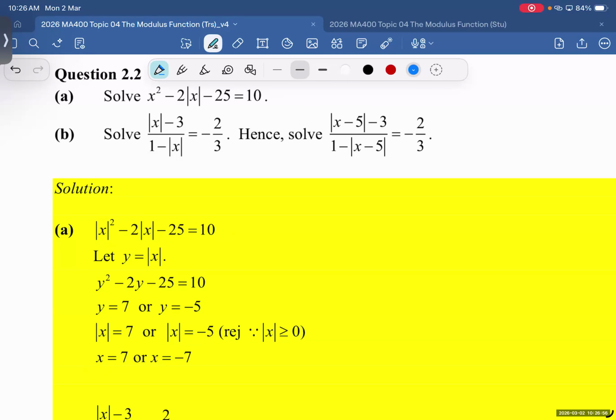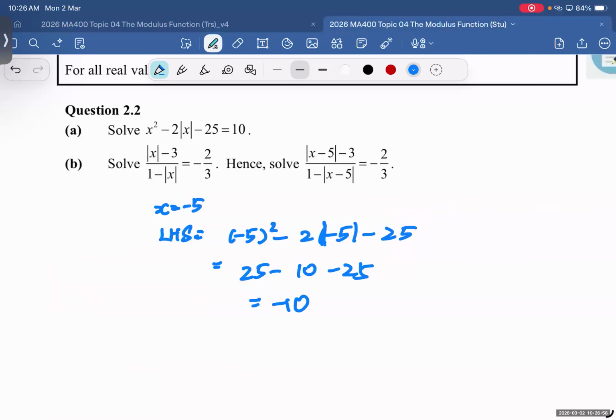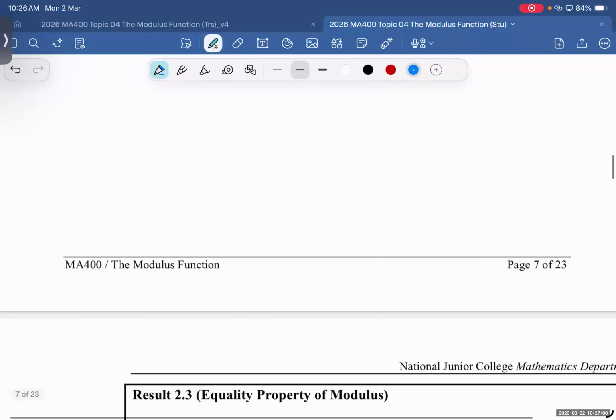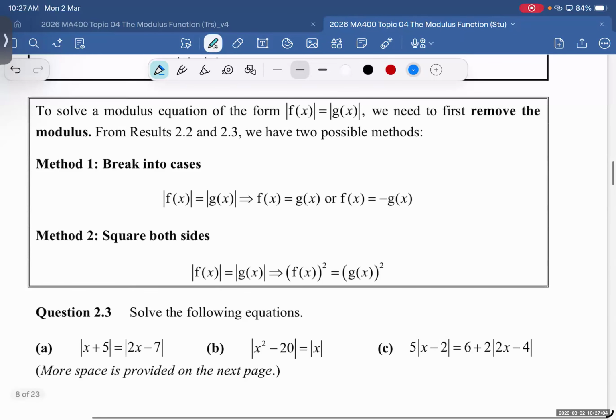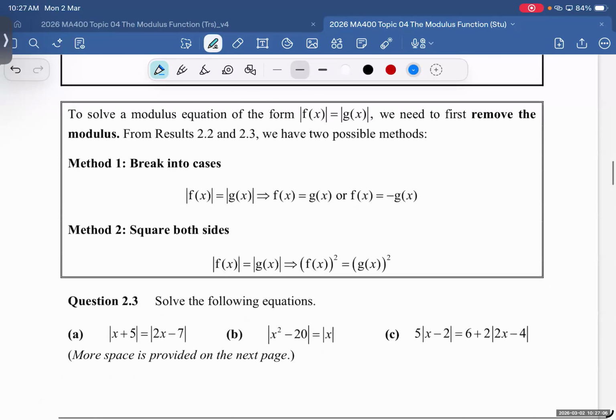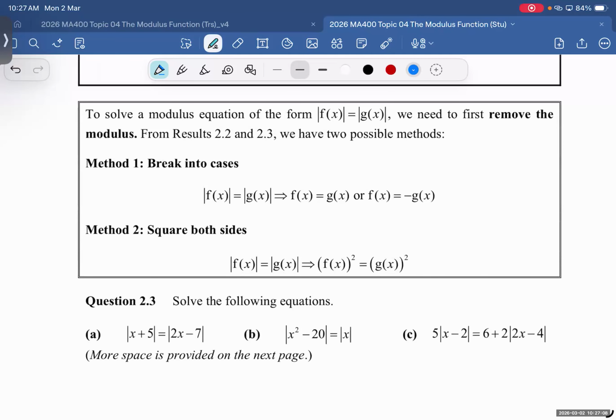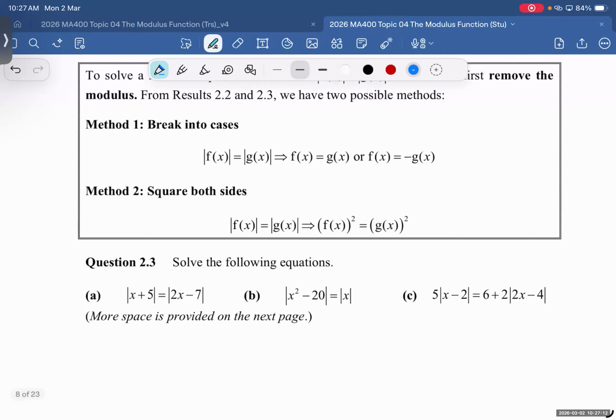Can I make 2x minus 4 into 2y? Okay? That works. But just be careful, after that you need to sub back in.